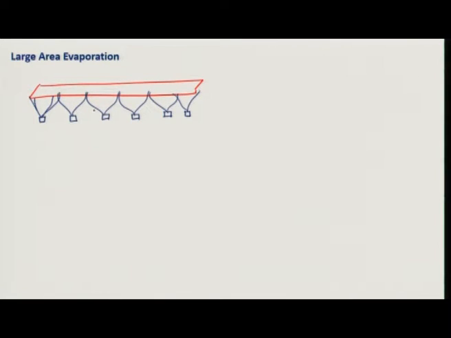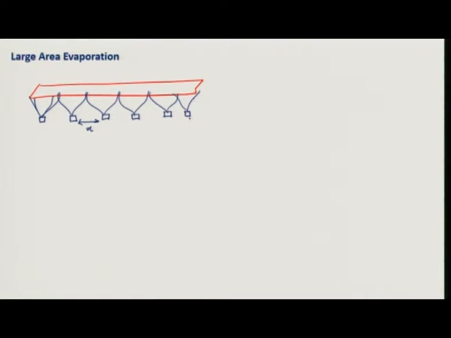Okay. And this overlap and this distance between the two sources can be adjusted such that this overlap and this area, when calculated and added up, give you a uniform deposition. So, that is one way of doing large area deposition using thermal evaporation.